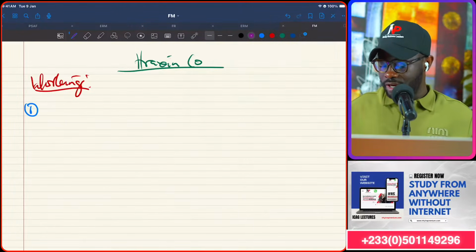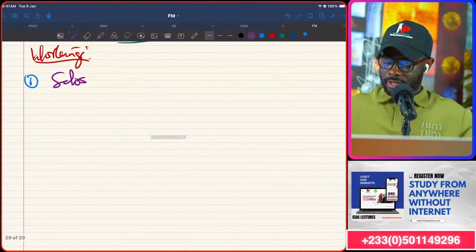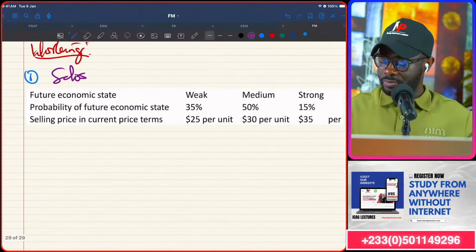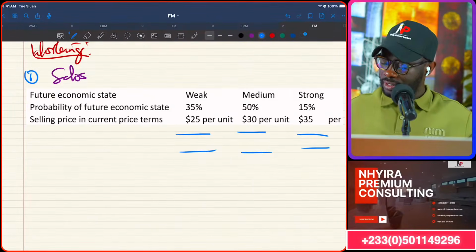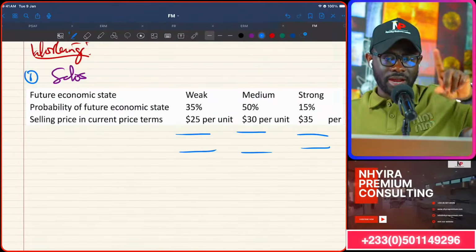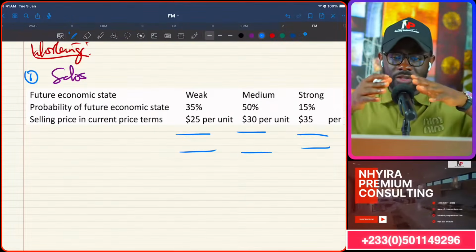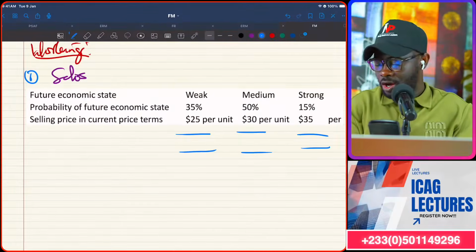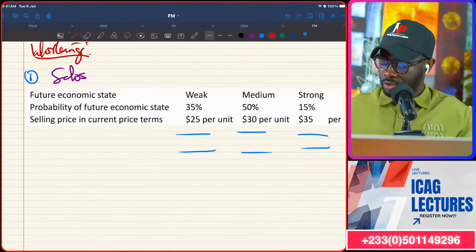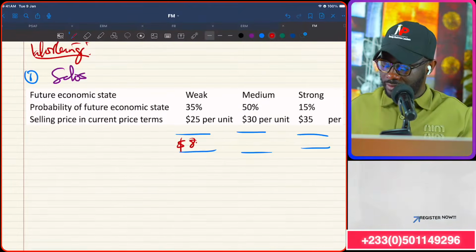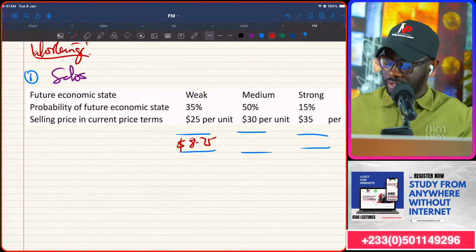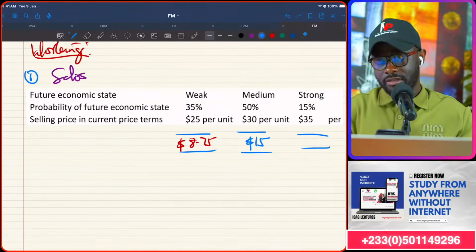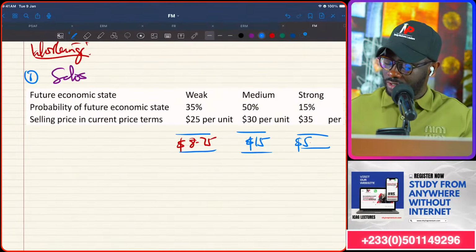So workings 1, we are dealing with the sales. So first, let's get the average price. The way we get the average price is to multiply the probability by the selling price at each probability schedule. Then when we finish, we add all up, and that gives us the average price. So 35% on 25 could be 8.75. 50% on 30 could be 15. 15% of 35 is 5.25.